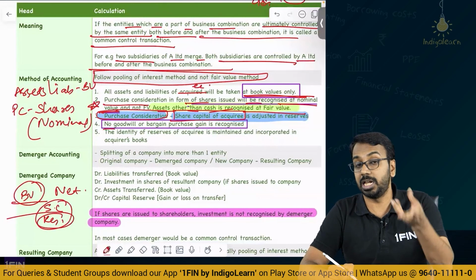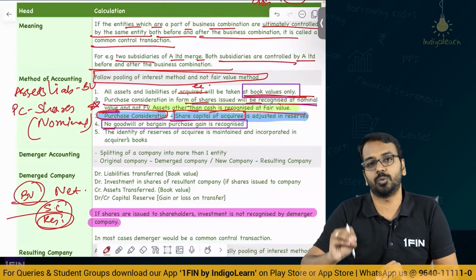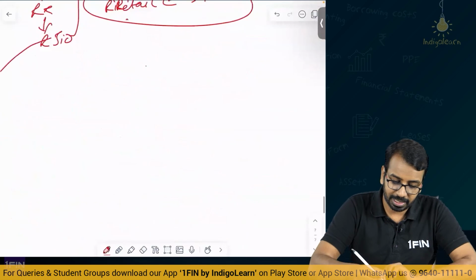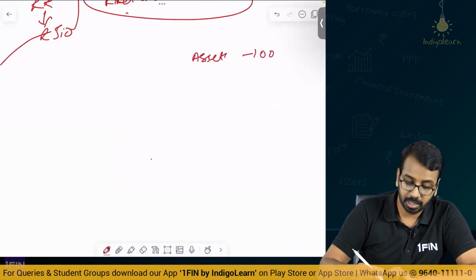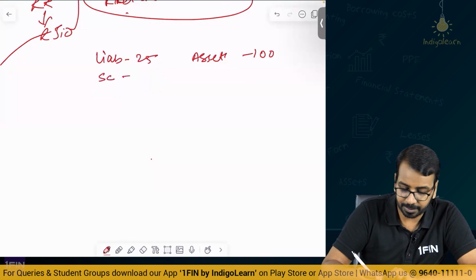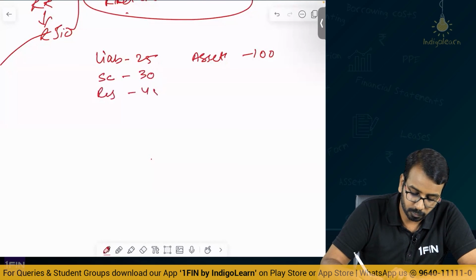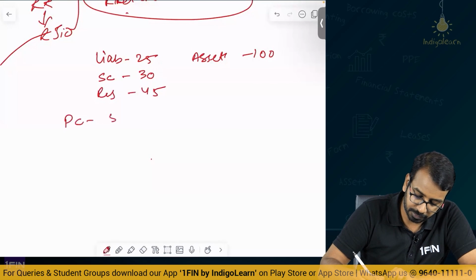So, there will be no goodwill, there will be no bargain purchase, any amount will be adjusted in the reserves only. For example, let us say there is an entity which has an asset base of 100, liability of 25, share capital of 30 and reserves of 45. Let us say the purchase consideration issued is 50.